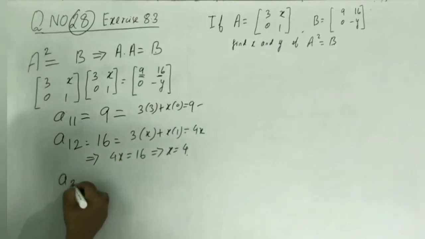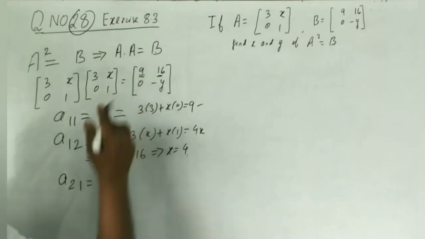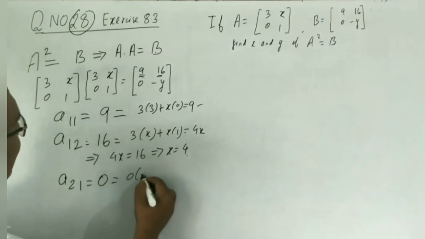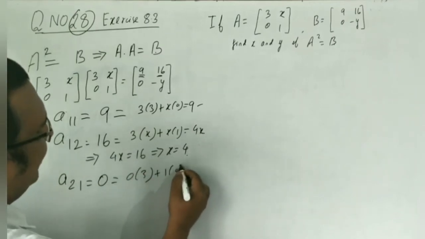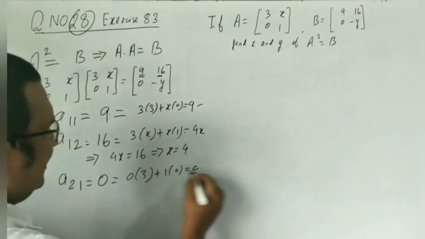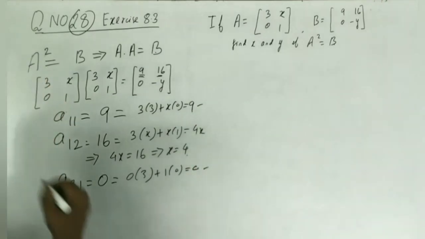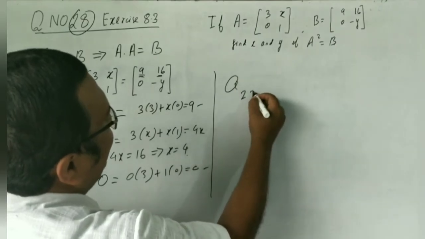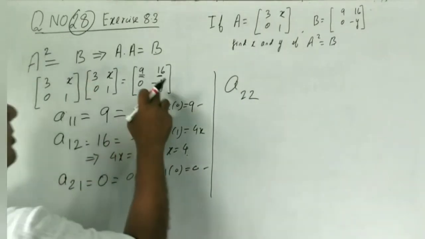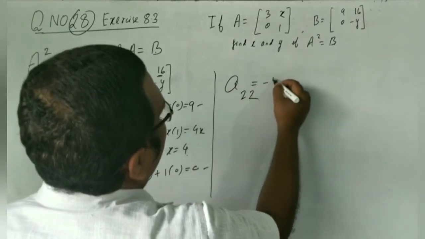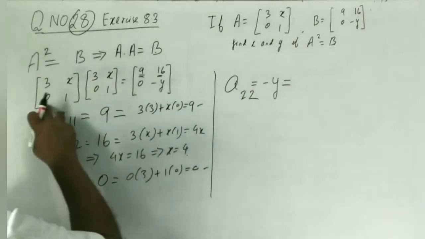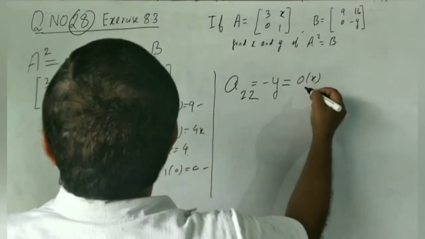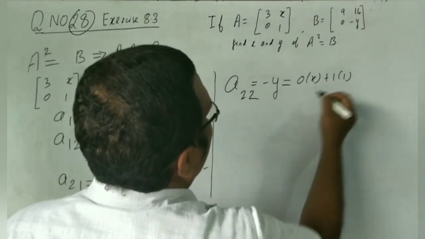Now we have a21. This is equal to 0. Second row and first column. This is also important to check whether the question is correct. This is 0. No problem with these two. And finally, it is a, second row, second column, which is minus y. 0 into x plus 1 into 1.